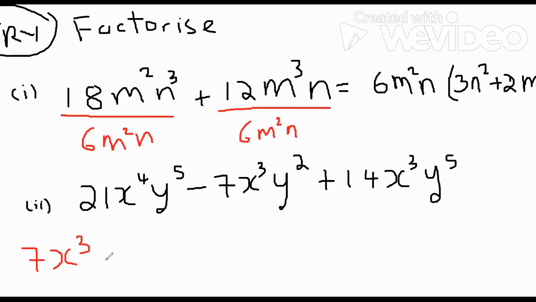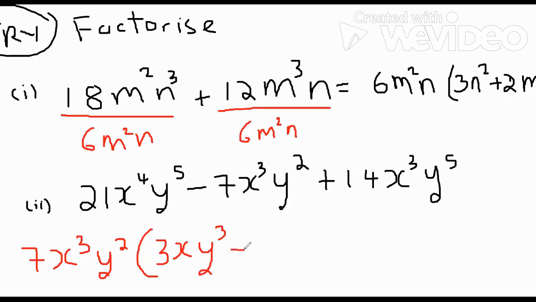We're going to use that factor to divide the problem. All right, so we have 3, 7 cancel 21, 3; x cubed cancel x, 4, x; y squared cancel y, 5, y cubed.